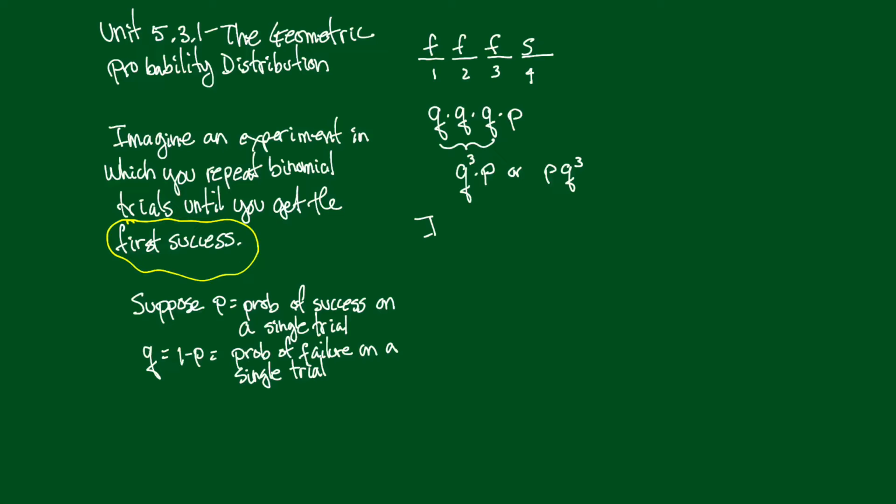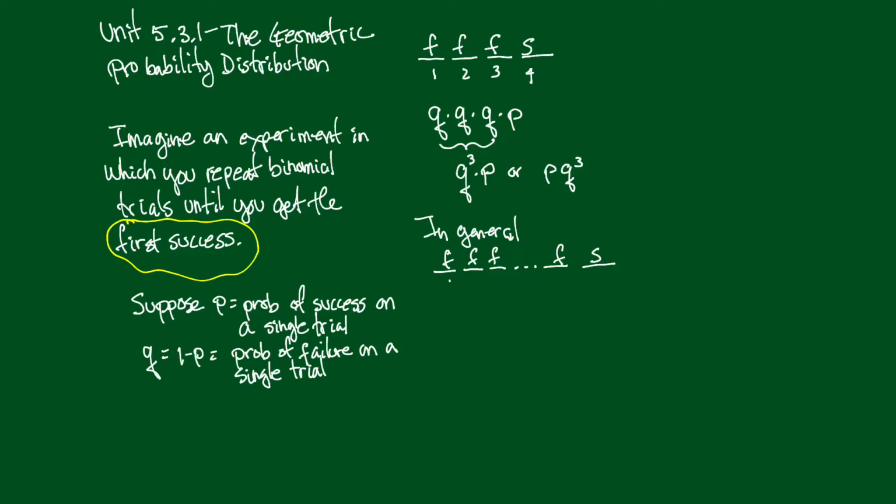Now, in general, what if we have n trials? We don't know what trial number it's on. Suppose I just want the first success on the nth trial. In that case, I would need fail, fail, fail, up to n minus 1. I would need fail, fail, fail, dot, dot, dot, fail, and then I finally get a success.